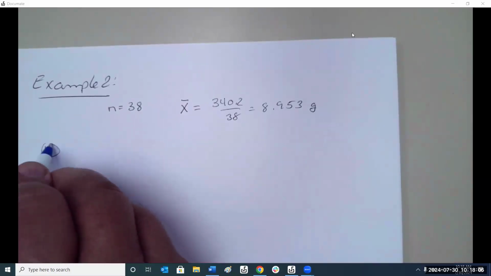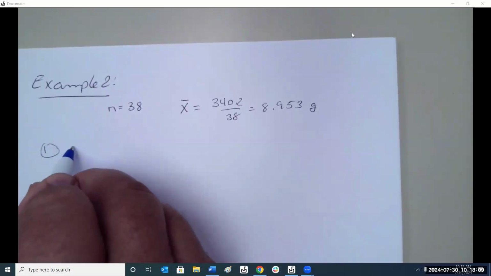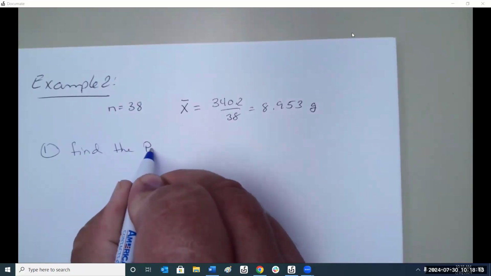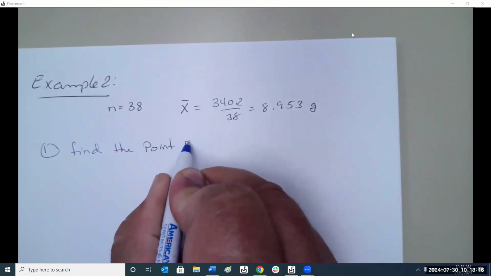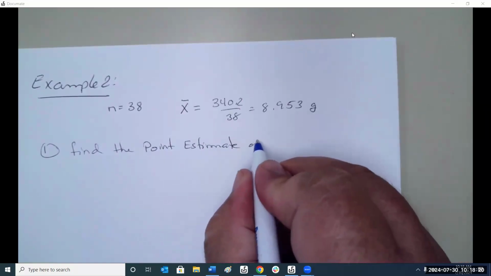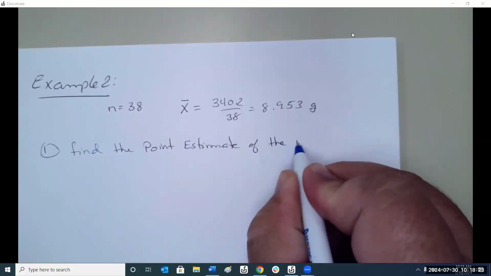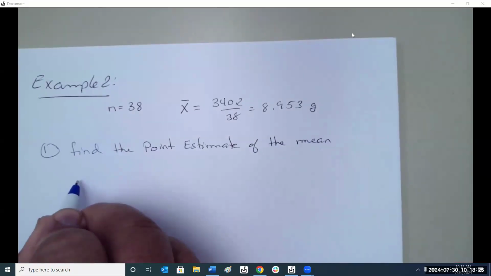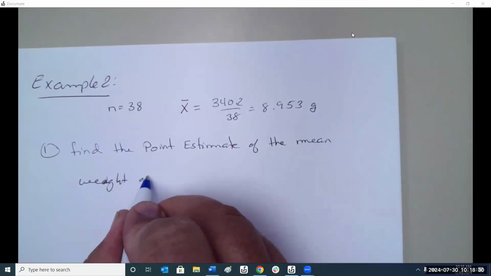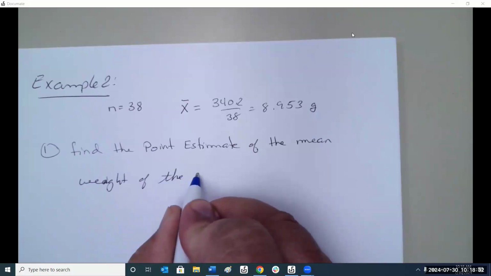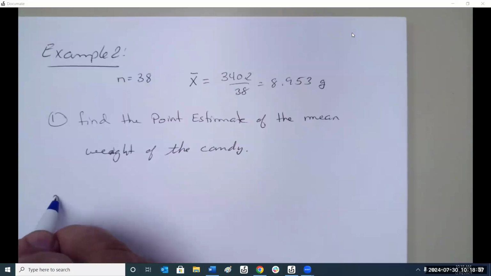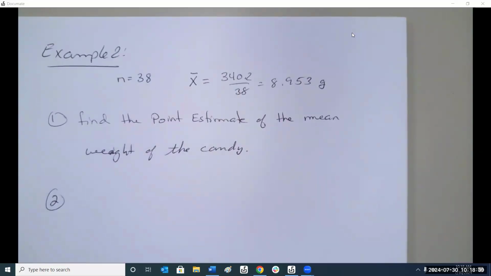Okay, so 1. Find the point estimate of the mean weight of the candy. That's an easy one. That one is super easy.